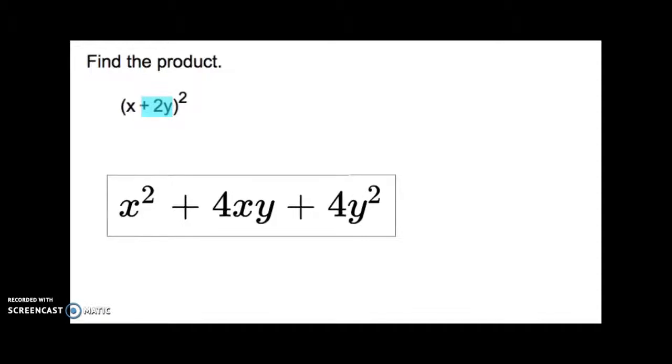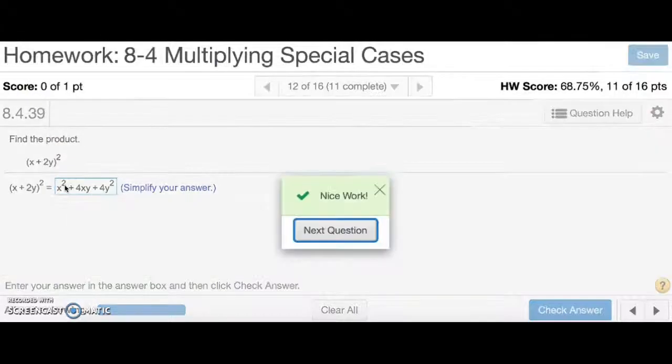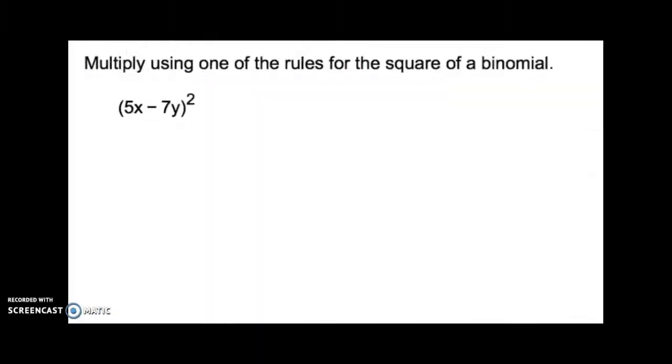So let's put that in. We have x squared plus 4xy plus 4y squared. That's number 12. Number 13, it says multiply using one of the rules for the square of a binomial. So let's do that. We start by squaring the first term, which is 5x, and squaring that gives you 25x squared.